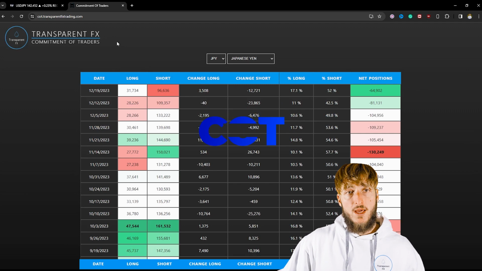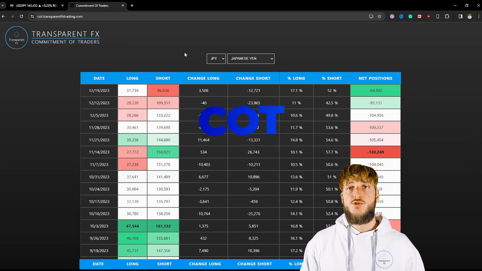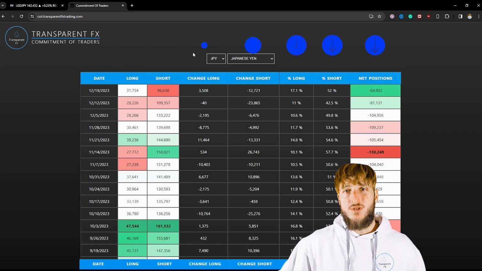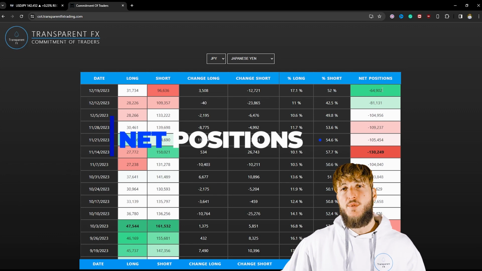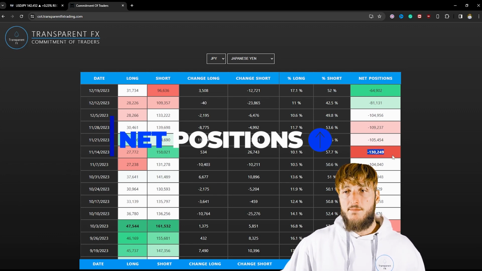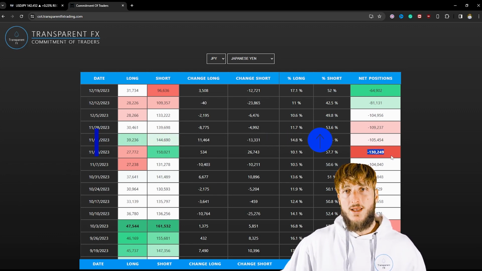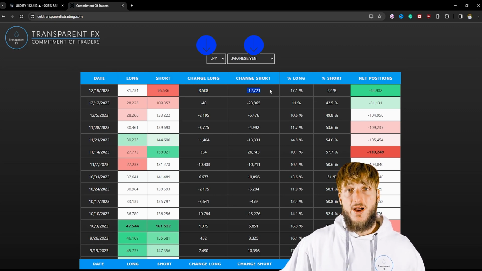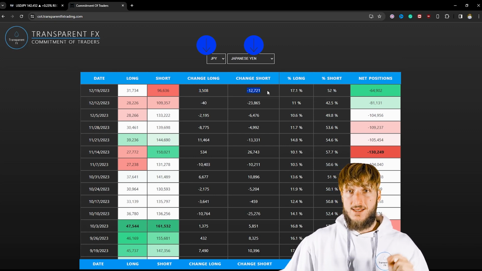Now, if we go and see what we have when it comes to the commitment of traders, so what hedge funds and the big players in the market are doing, and we check the data precisely for the JPY, we can see how with the last reports, net positions have been increasing. We went from having minus 130.2k net positions all the way up to having minus 64.9k net positions, with 3,500 longs added from an institutional perspective with the last report on the JPY and 12,721 shorts getting closed.